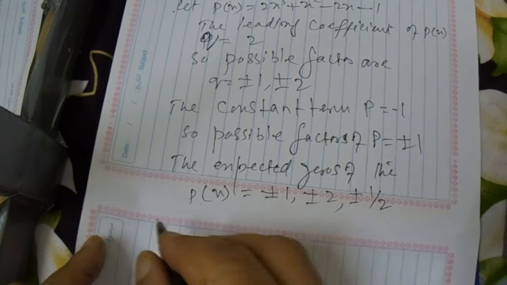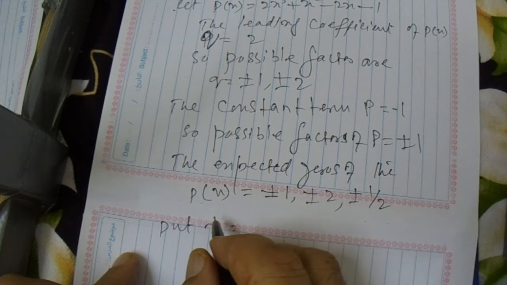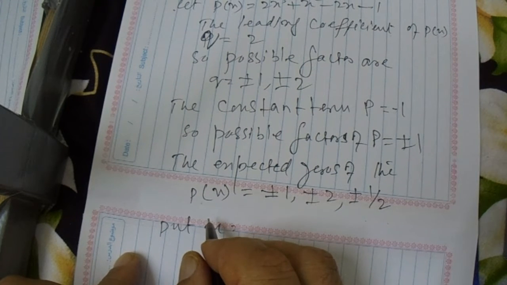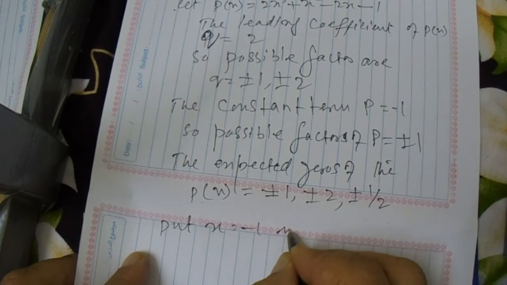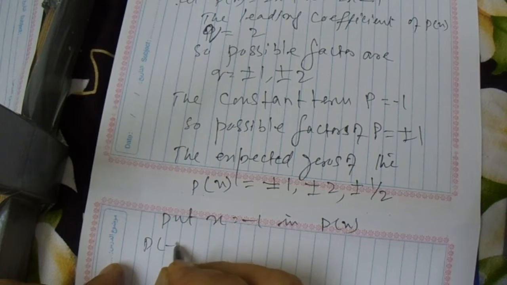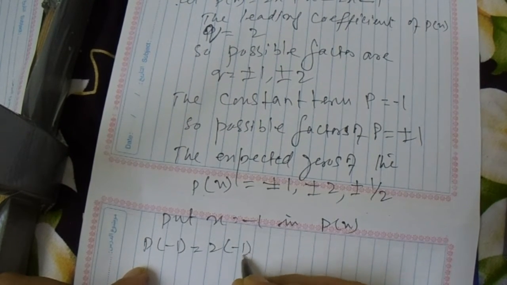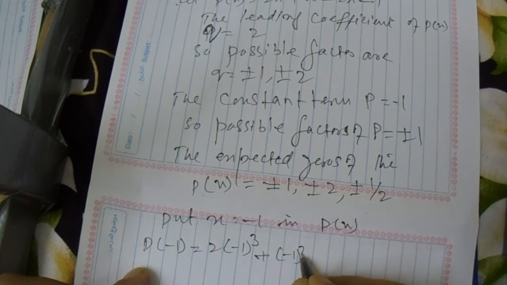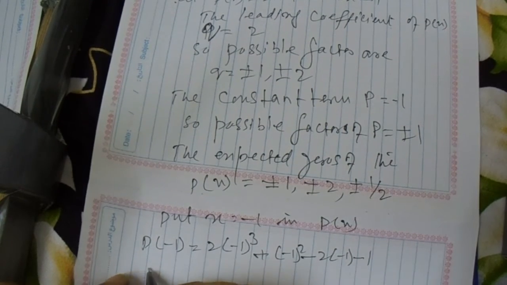Okay, put x = −1 in P(x), and P(−1) = 2(−1)³ + (−1)² − 2(−1) − 1.